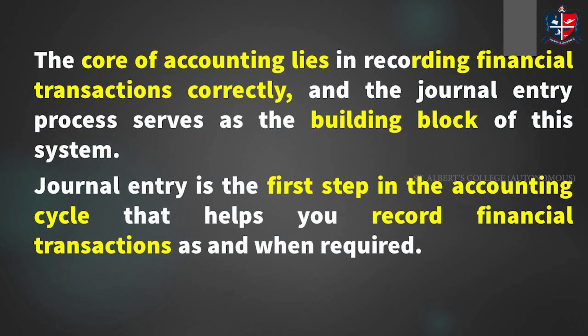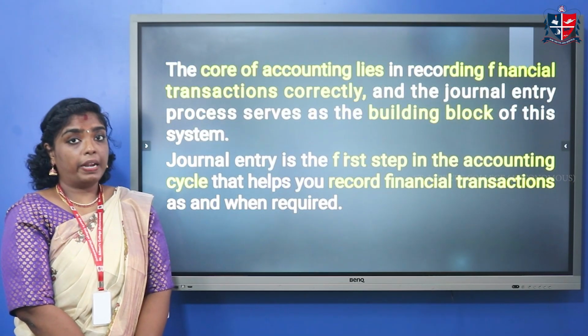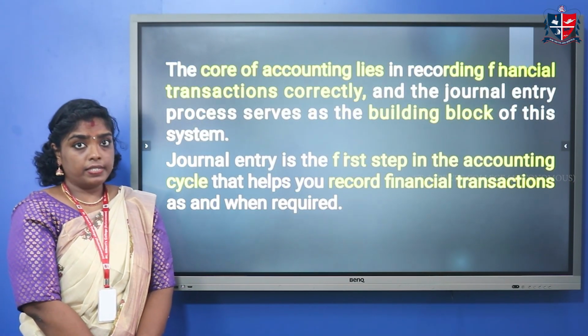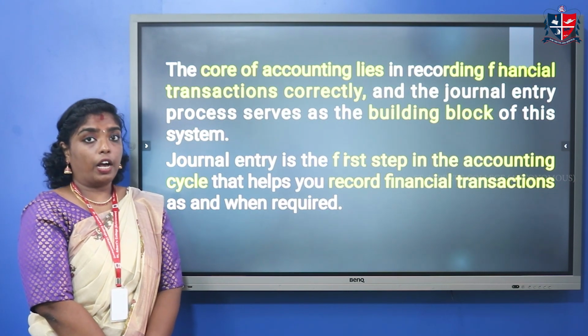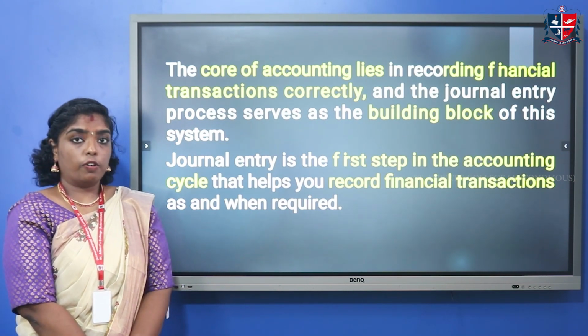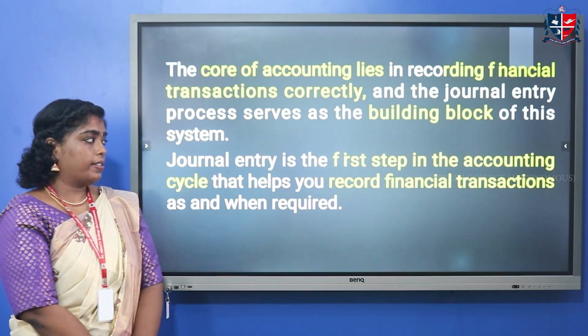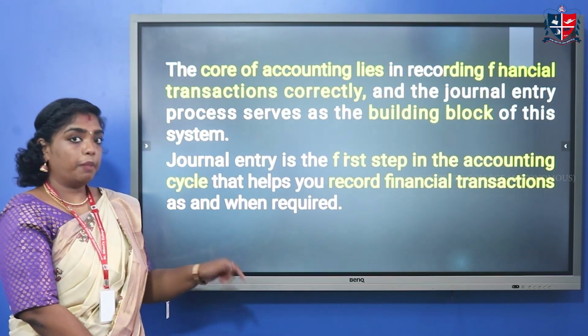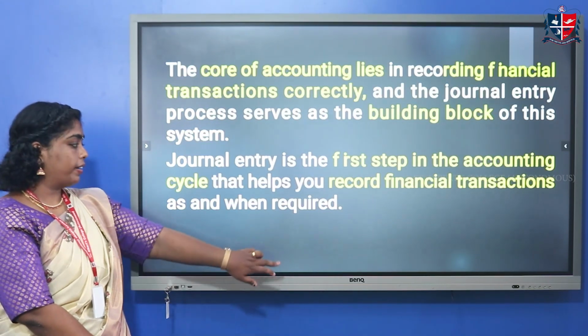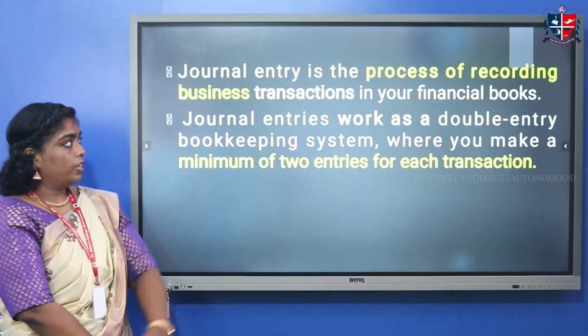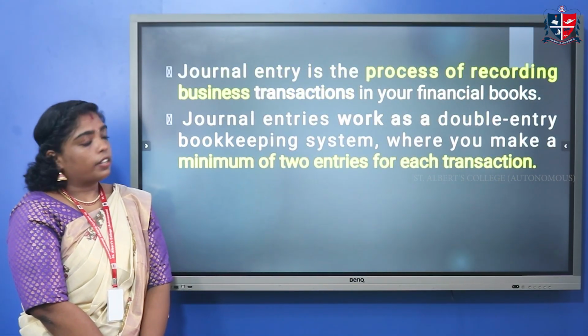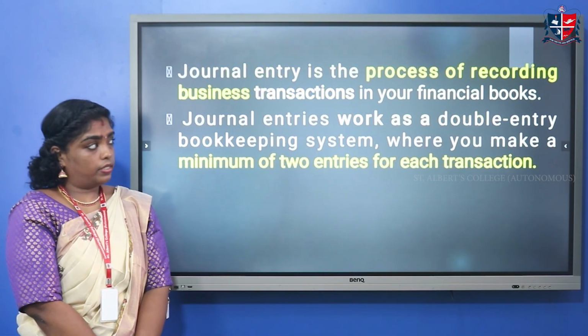So for the session, we have discussed what a journal entry means. It is the first step of recording accounting transactions. This is also referred to as recording transactions as and when they occur. It is the building block behind accounting transactions. And it usually records the transactions of a business.